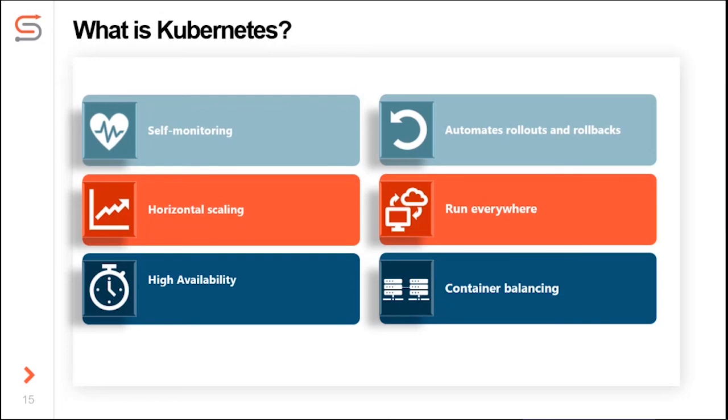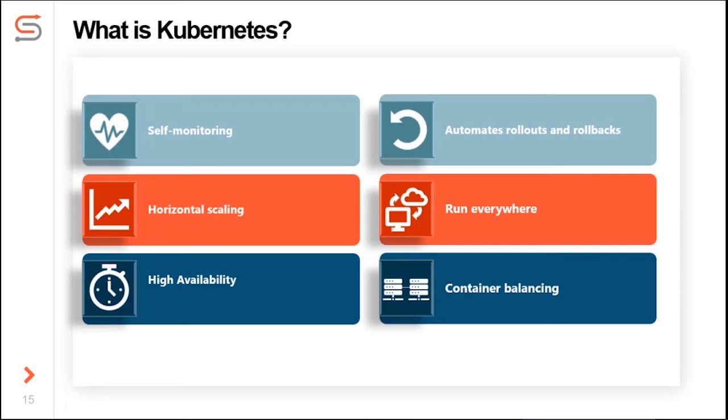The next tool that was very important to our DevOps framework is Kubernetes. So Kubernetes is a container orchestration tool. It can simplify the management of those containers and make it more efficient. It helps in self-monitoring. It checks constantly the health of those nodes and containers. It automates rollouts and rollbacks.